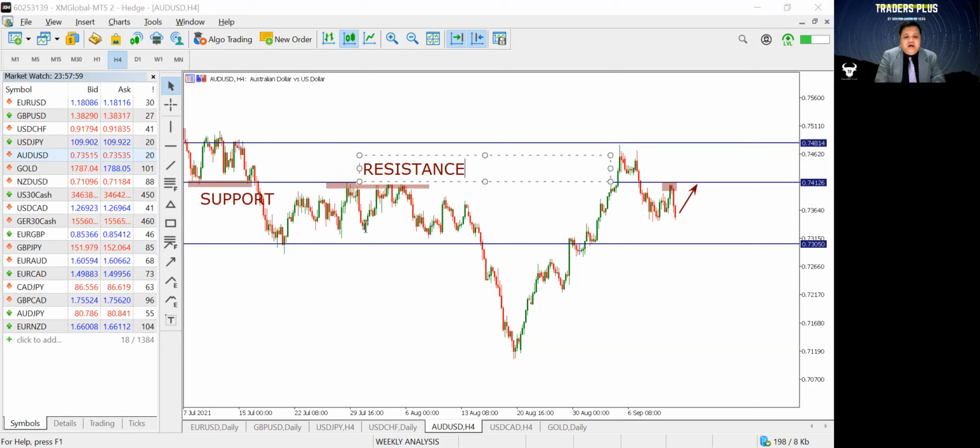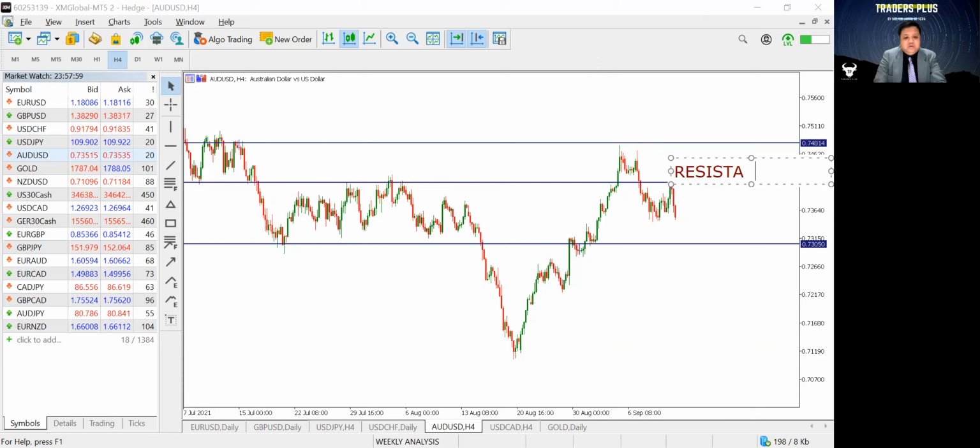So yun yung tinatawag na role reversal. Kapag nagkakaroon ng breaks na ng structure. Okay. So this might keep its role as a resistance, okay, to reject the upward move, no, and then you start selling here.